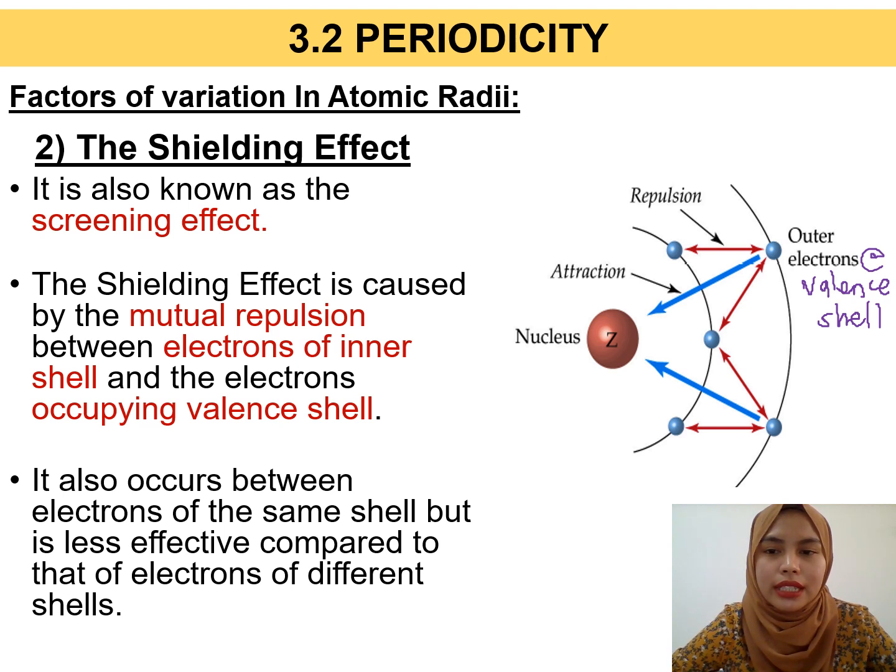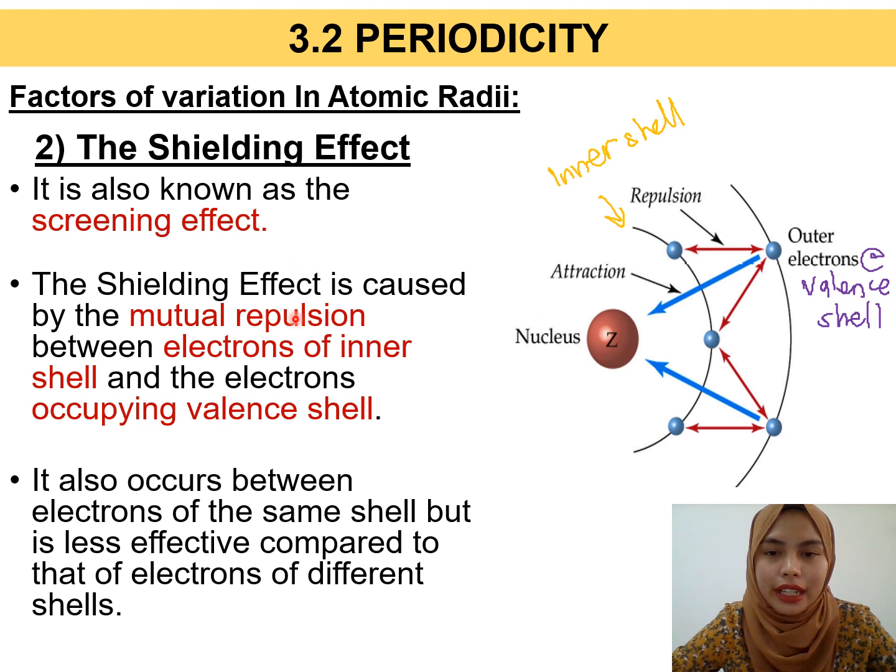Selain daripada valence shell, ada other shell sebelum outer shell, we call it as inner shell. Sebab dia berada di dalam, dia bukan berada di luar.